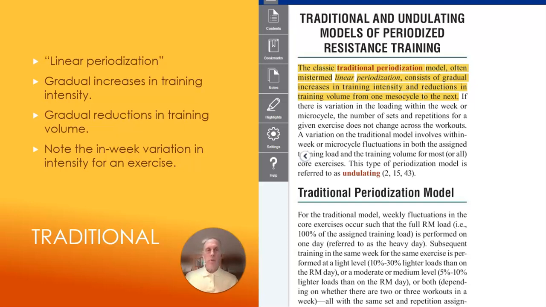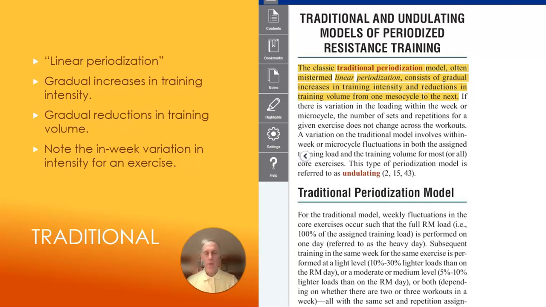When you get into working with higher end athletes, you get out of more traditional linear models and you get more into a variation of this, where you have fluctuations in load and volume for all the different exercises. This is commonly referred to as undulating. And it has its place.